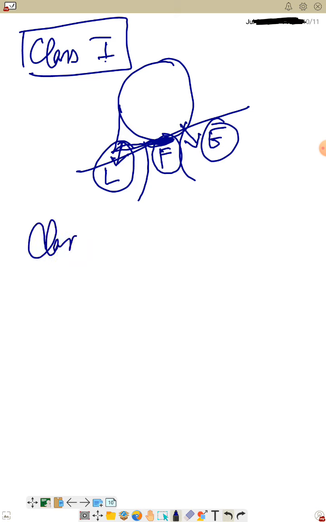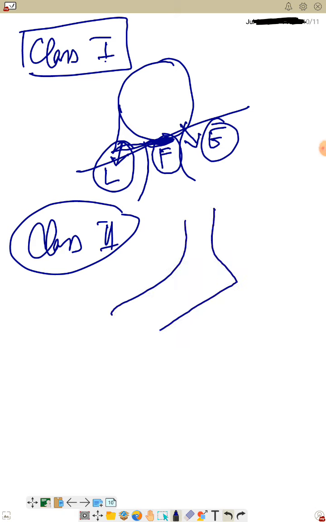And class 2 lever is trying to stand on your toes. So if this is my foot, these are my toes. I'm trying to stand on my toes. This will be the point through which my toes will rotate, isn't it?